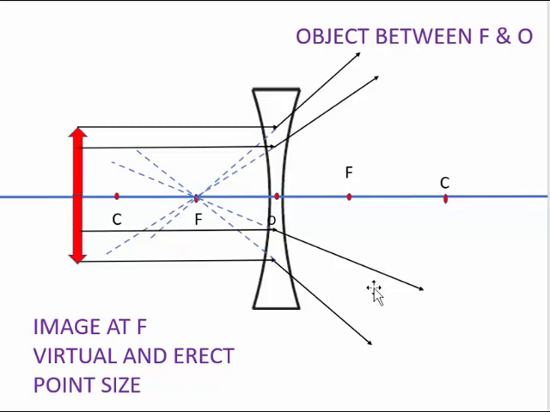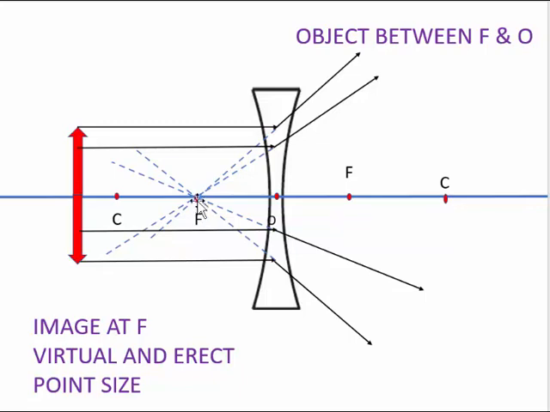The broad dark lines that you see here are the actual diverging rays. So they don't seem to be meeting somewhere towards this side. But what if we extend all these rays onto this side, the same side? When we extend these rays, they appear to be meeting at a point which is the focus.